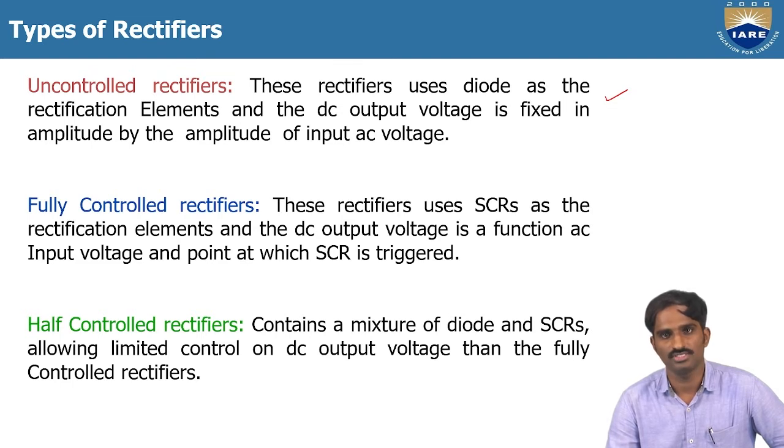So based on the controllability of the output, whether we can control or not, or if we control, to what extent, we classify the rectifiers as uncontrolled rectifier, fully controlled rectifier, and half controlled or semi-controlled rectifier.